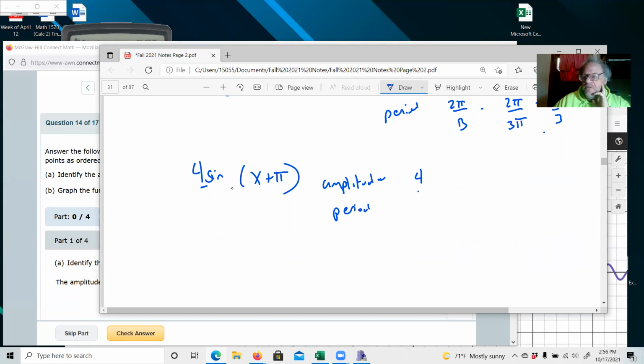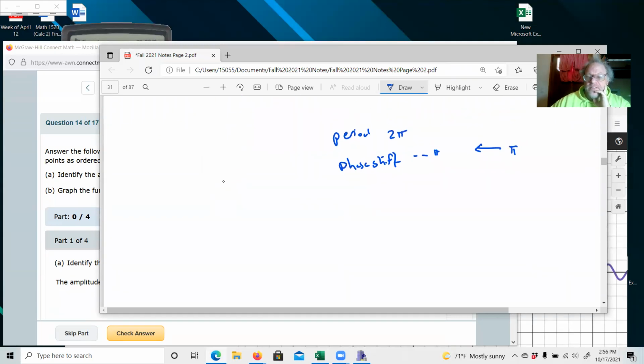We don't have anything over here, so this is 2 pi. But our phase shift, that's a negative pi. This is positive, so we're going off to the left by pi points. So we're shifting by pi to the left.